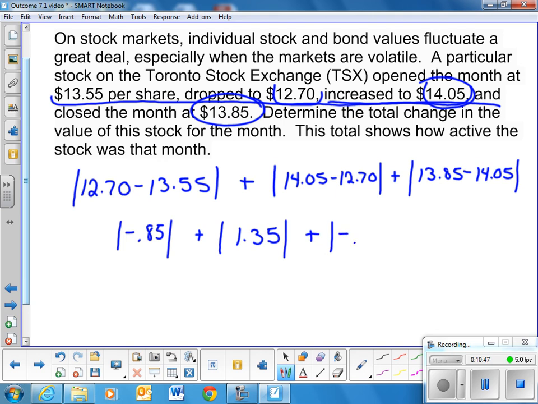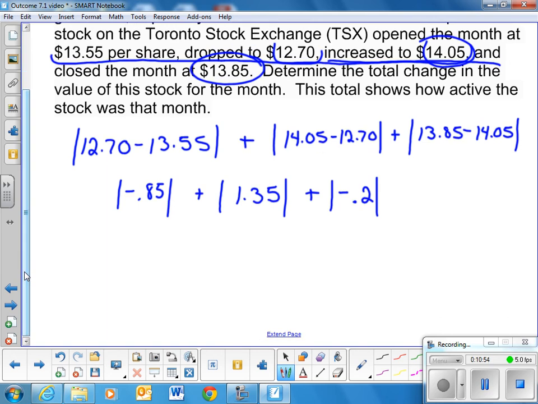So it's a negative decimal 0.2, or a drop of 20 cents. Evaluating the absolute values, this one becomes positive 0.85 plus positive 1.35 plus positive 0.2. Adding all 3 of those up shows me that the activity of that stock was $2.40.